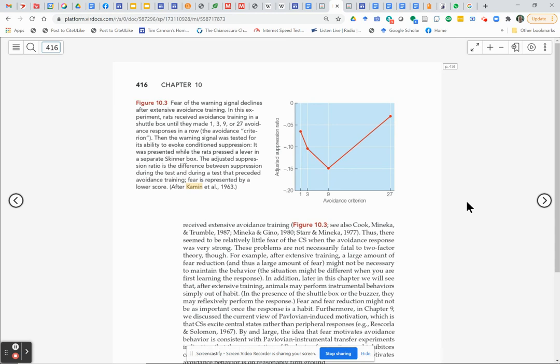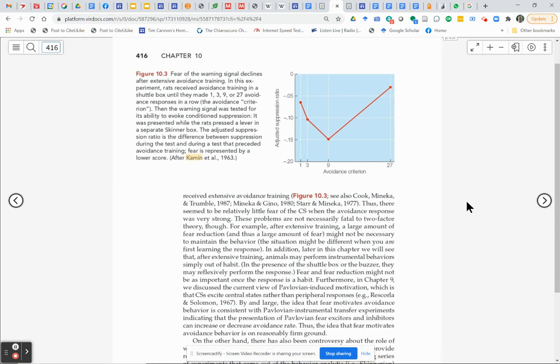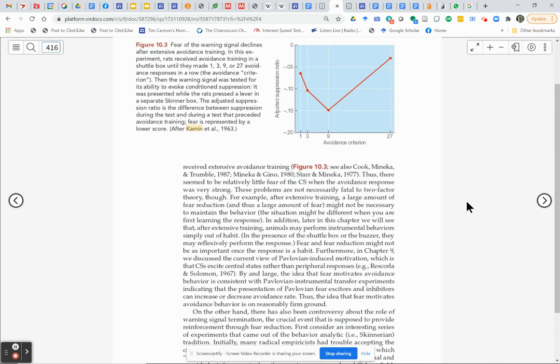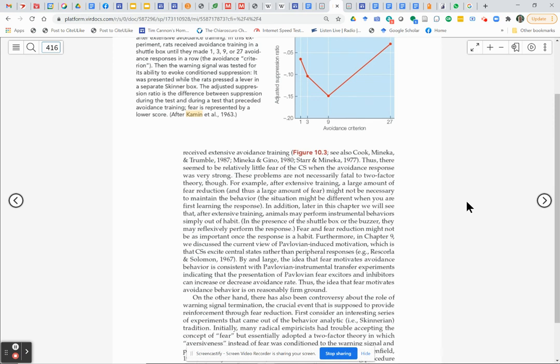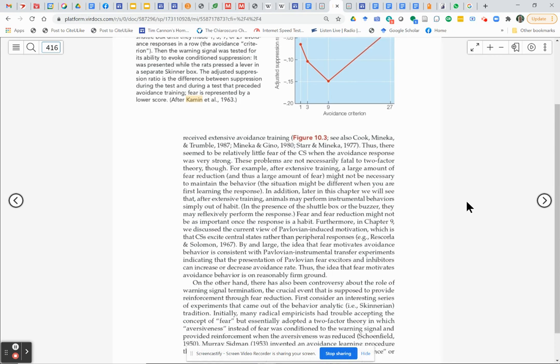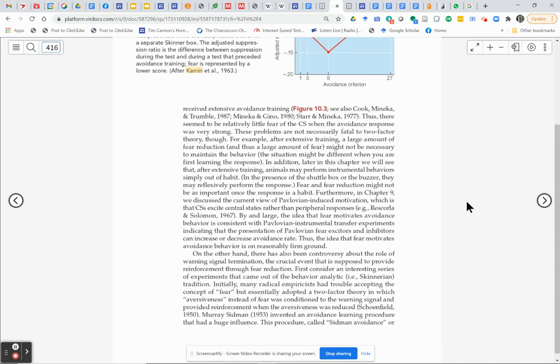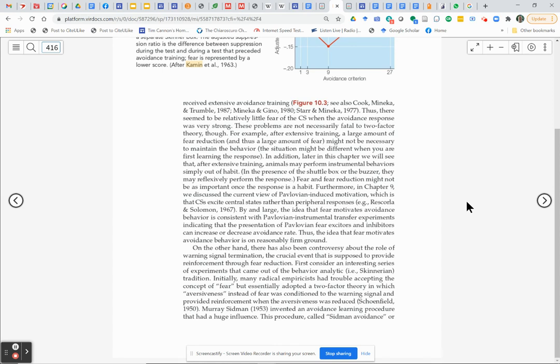So you would think 27 would give you a crazy amount of suppression, but no. In fact, they're a little bit above 0.5. They know what they're doing, and they do it, but they're not crazy fearful while emitting a well-practiced escape or avoidance response.